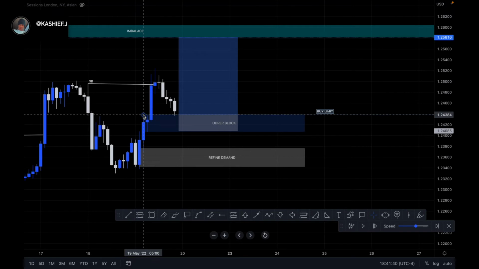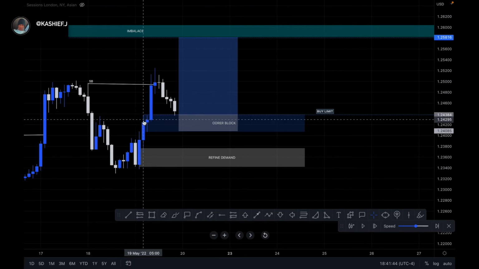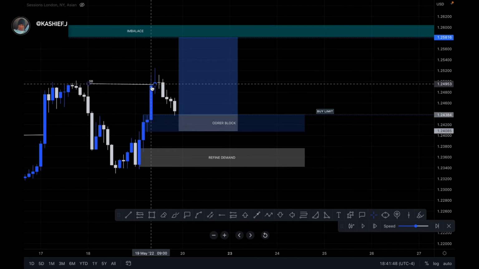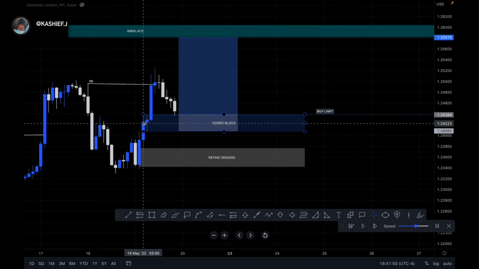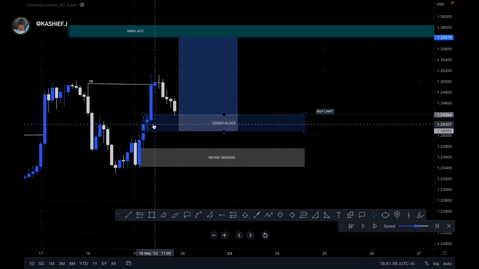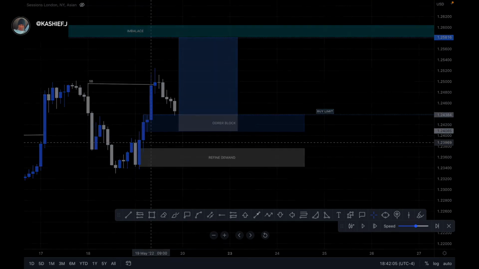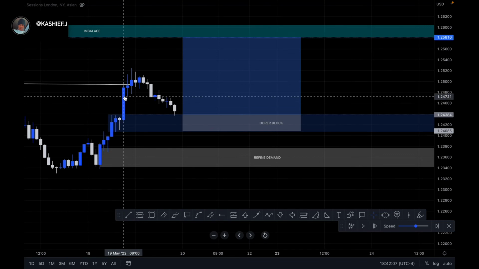Backtesting over the years I've been trading, I've realized that once you have a small bullish candle followed by a strong momentum candle, say for instance I'm on the 2 hour time frame, within this zone there will be a bearish candle. So it doesn't have to be a bearish followed by a strong bullish, right? Once you have that small momentum, once you refine it, go down to the lower time frame, you will actually see the order block that you are looking for.